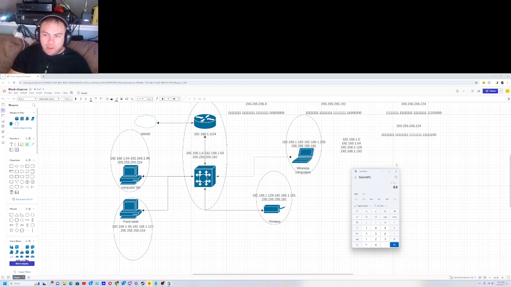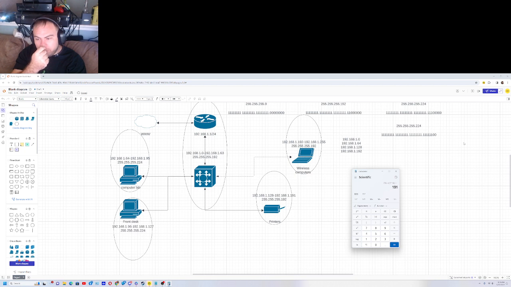To figure out our subnet mask, we take our max number, which is 255, and subtract, in parentheses, that little math equation we just did, 2 to the power of 6. So 255 minus 2 to the power of 6, our value is 191. That's not right.